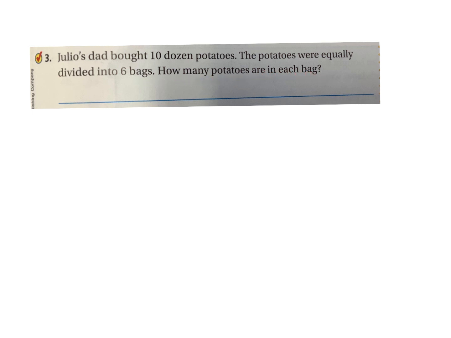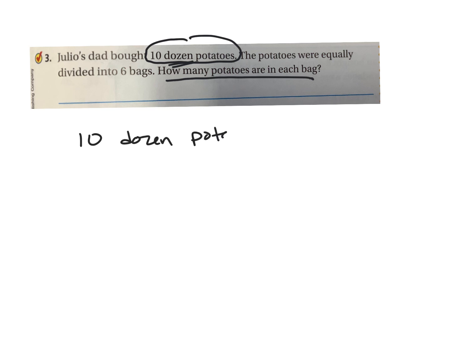Okay, we want to know how many potatoes are in each bag. He bought 10 dozen potatoes, and if we don't know what a dozen is, that's going to make this problem really difficult. A dozen is a group of 12, and he bought 10 bags, or 10 dozen, of 12 in each bag.